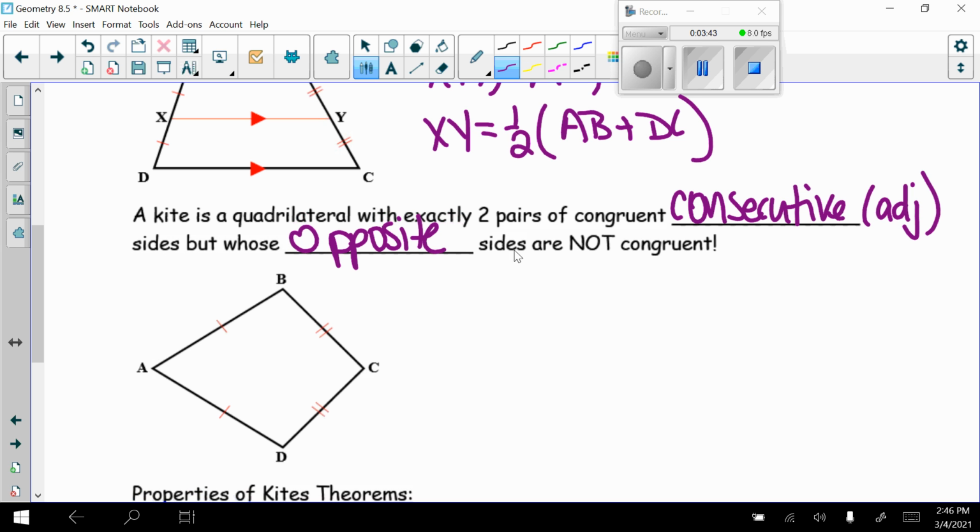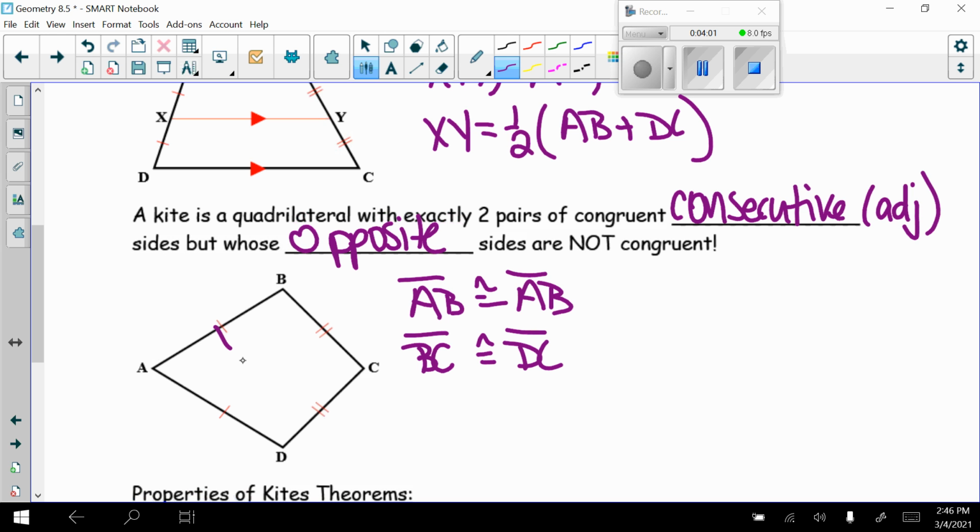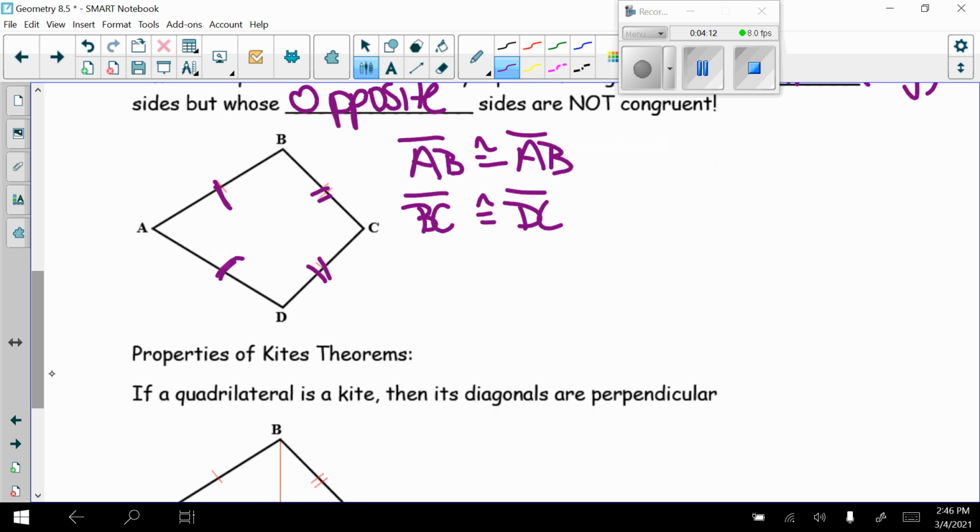So in this picture, AB is congruent to AD. They are adjacent. However, AD is opposite BC, so AD and BC are not congruent. Then BC would be congruent to DC. These are my two adjacent sides that are congruent on this side. The two opposite from them are congruent to each other, but not to the ones opposite them.